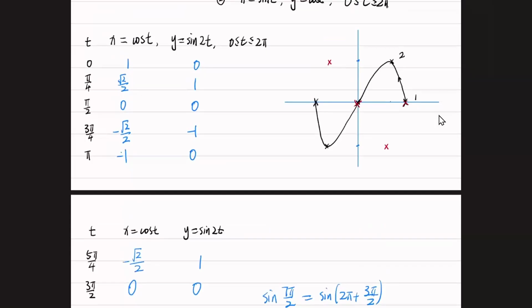Okay, so we label 9 points. Now we connect from 5 to 6, 6 to 7, 7 to 8, 8 to 9. So we move this way, this way.